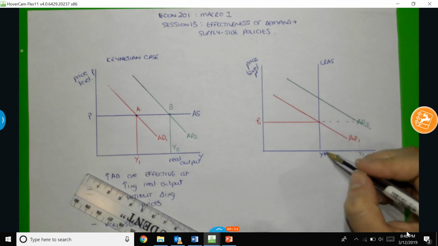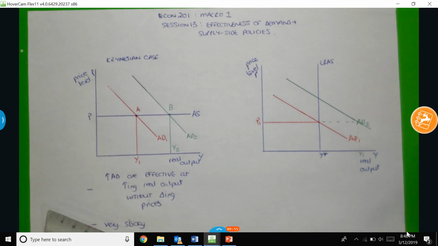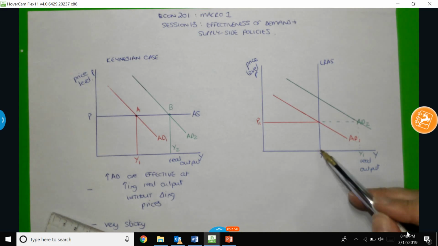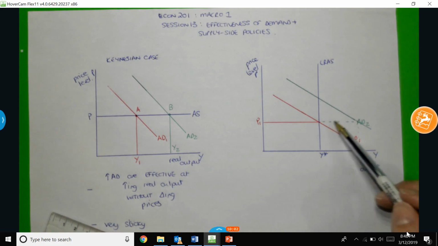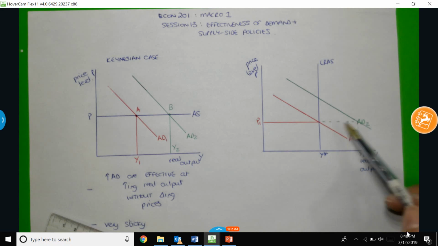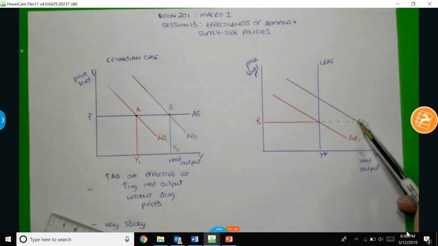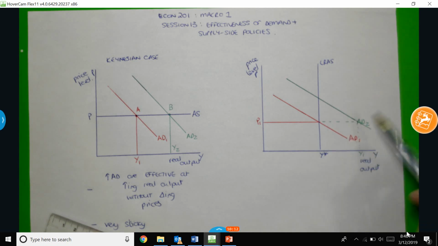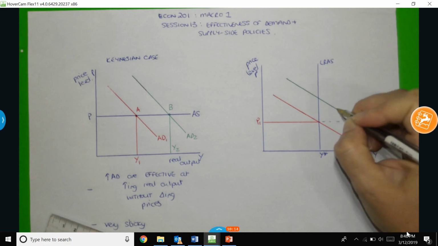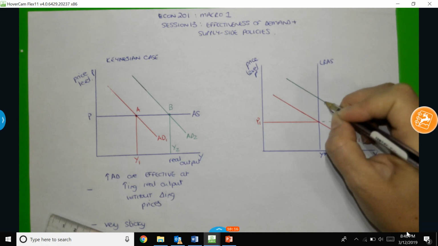But firms in the long run would not be able to expand the amount of output that they produce beyond the potential level of output. So although there is an increase in the demand for goods and services at the existing price level, Y1 is demanded, Y star is supplied, the excess demand is going to effectively raise the price level in the economy.